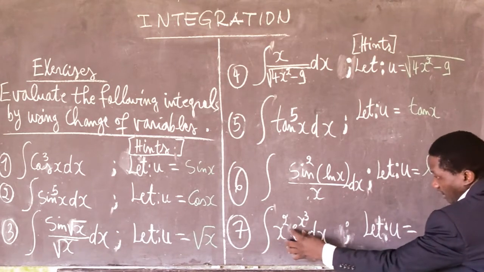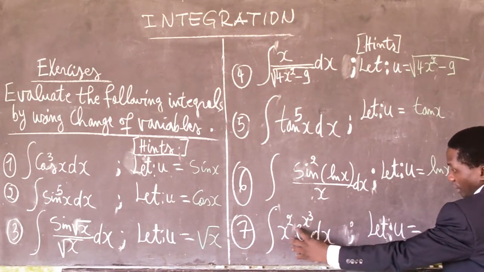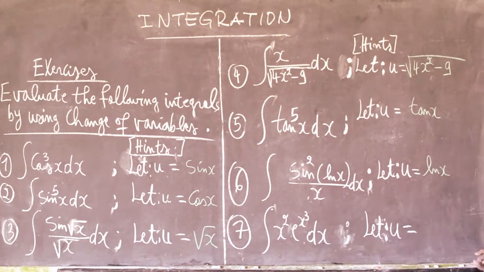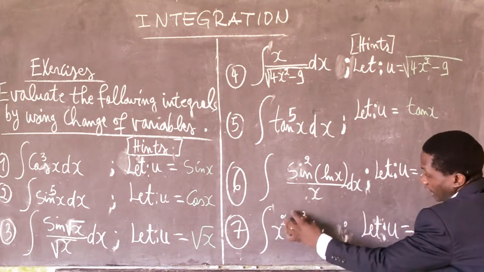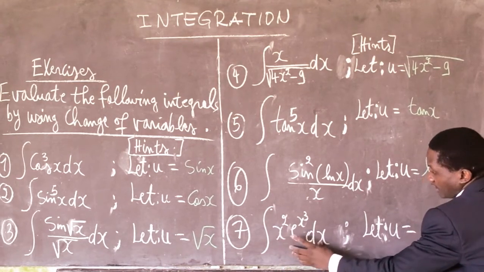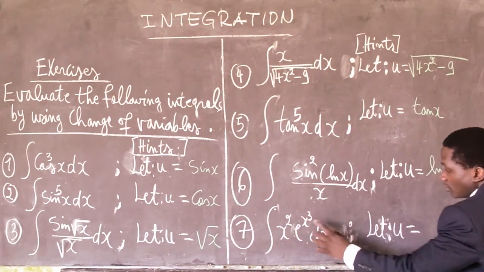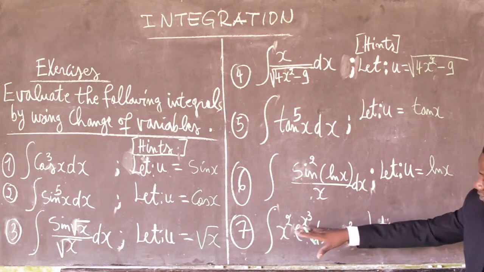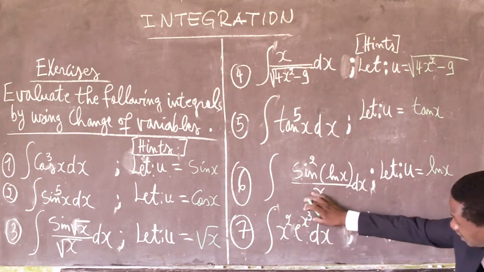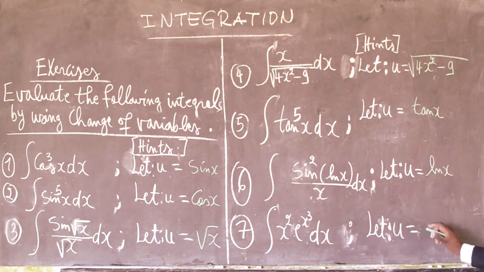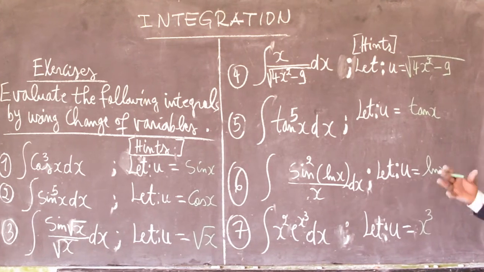Remember, this e is the base of the Napierian logarithm. Then we will integrate it. Remember that the integration of e^x equals e^x plus c. Then we need to apply the change of variable method here by writing that u equals x^3. Then it will be easy to evaluate.